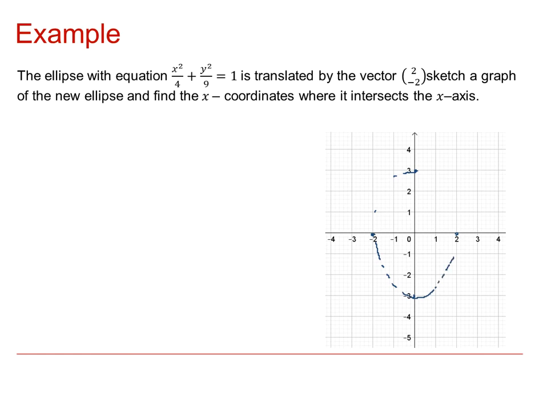And we're going to now translate that by a vector of 2 along and 2 down. So the top point of the ellipse is then going to be here, because the translation is by (2, -2).